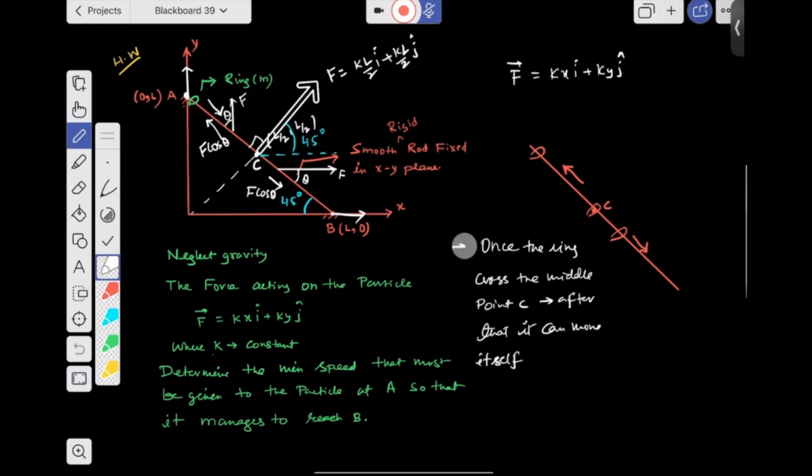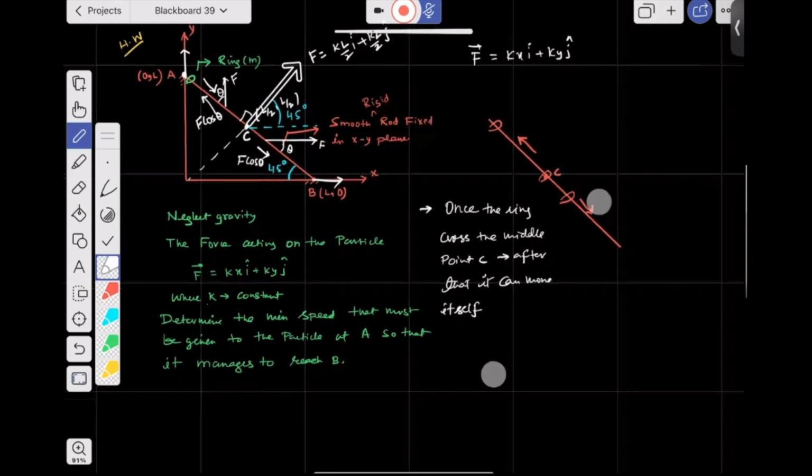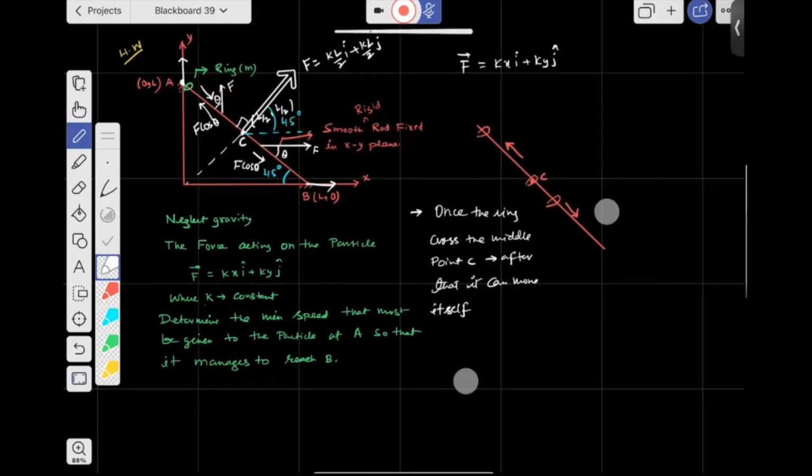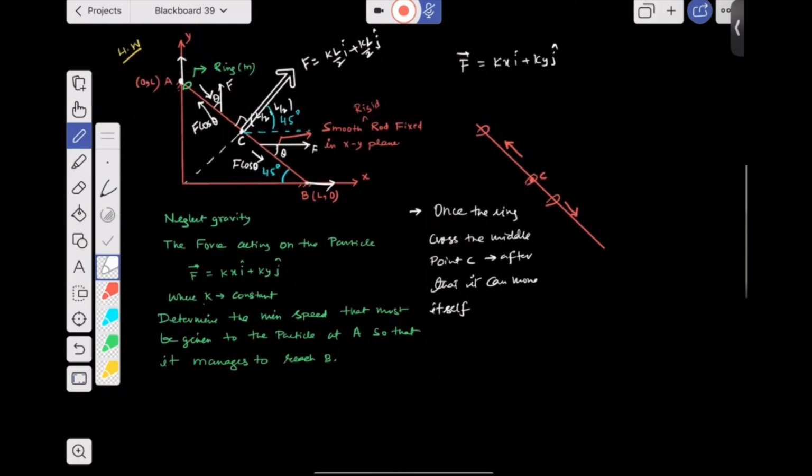So what we do is the limiting case, the condition under which we must be projecting it with minimum speed so that it manages to reach B. So we are not interested in with what speed it reaches B. Only thing we are interested in is it should reach B. And what other thing we are interested in, we must be projecting it with minimum possible speed.